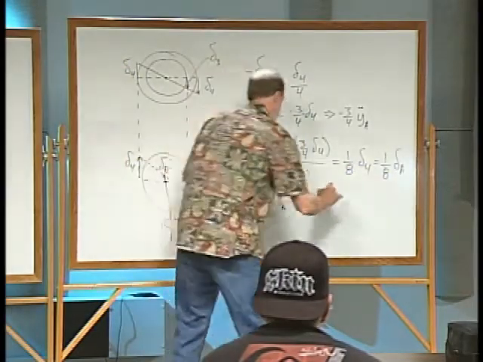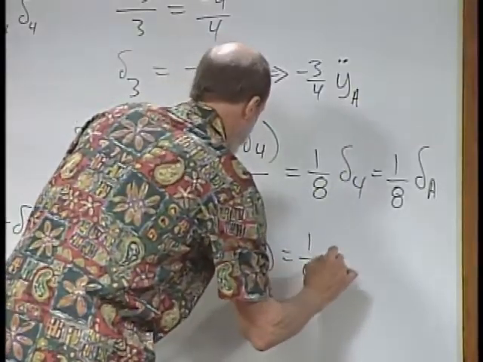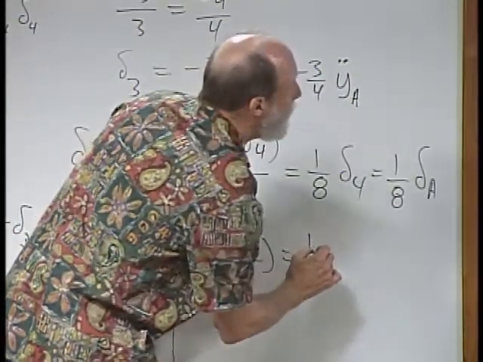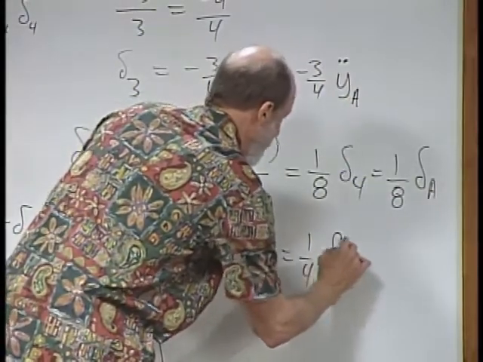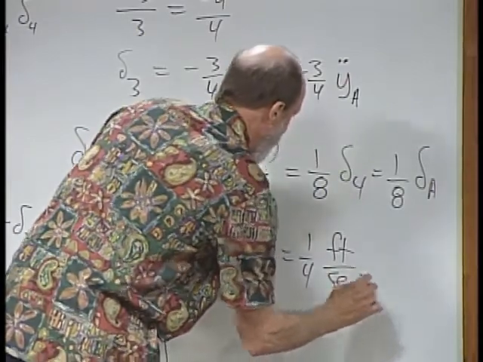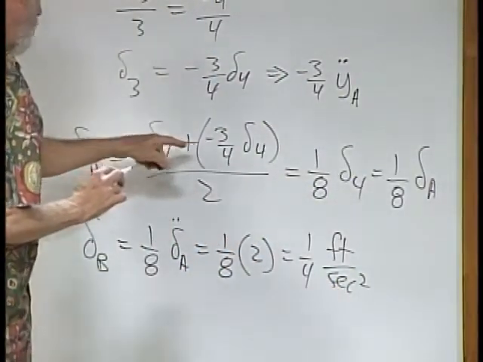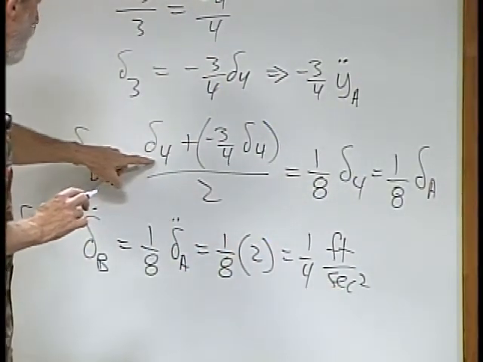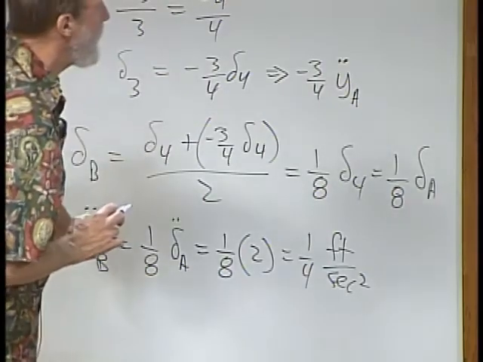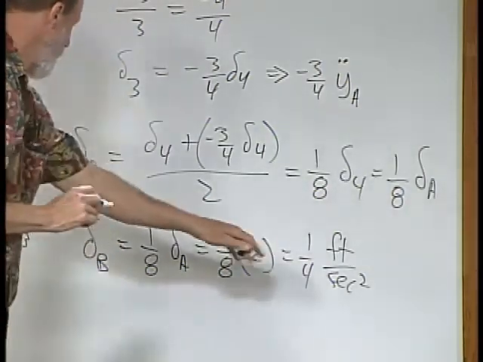Yeah. And then we end up with 1/4 foot per second squared. And that's positive, which was upward.